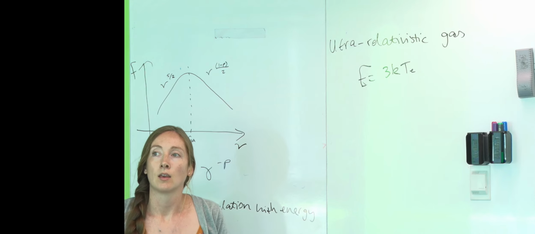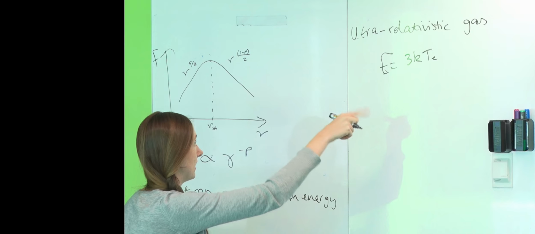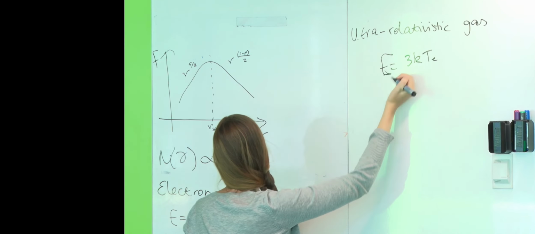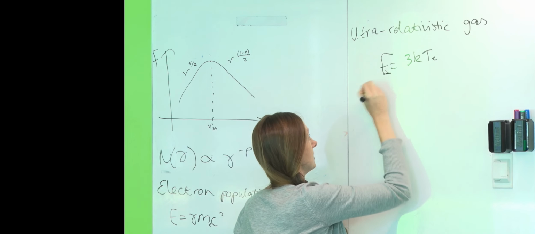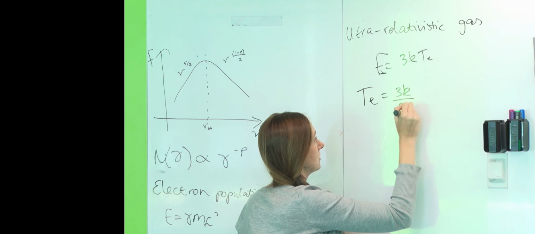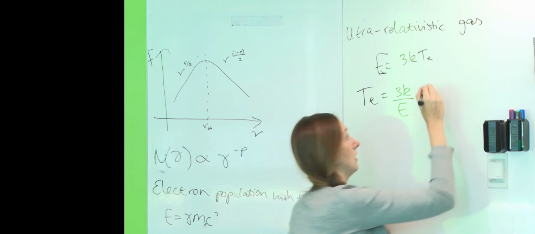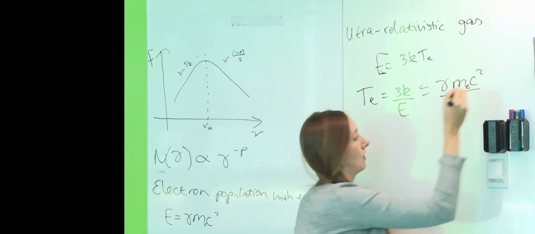Okay, so if we then rearrange this and put the energy of the electrons in, we arrive at the temperature of the electrons being related to the Lorentz factor and the mass.